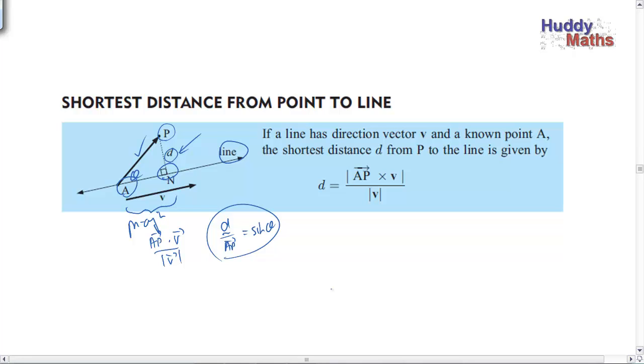So what we're going to say here is, if you considered this vector from any point A to B and you stood it up, let's think about standing that up. Here it's like that, and you want the perpendicular distance.